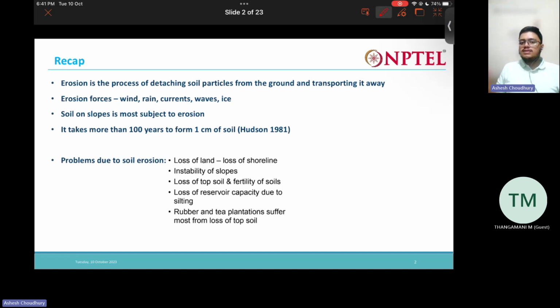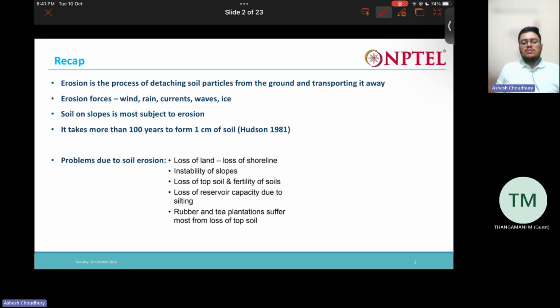Then we have river currents that erode river banks. That is a huge problem. River erosion is a huge problem where the river is trying to change its course and it's eroding the settlements. Many houses and establishments along the river bank are lost.